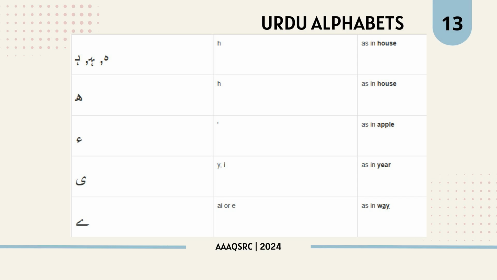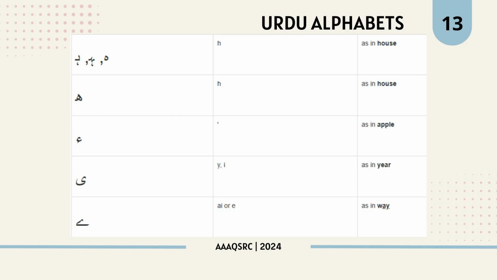Meme sounds like m, like my name Muvahid, meme. Okay, moon, we call moon in Urdu chand, but for the voice of m we have m.